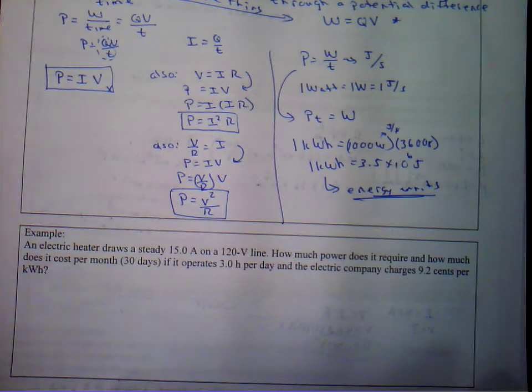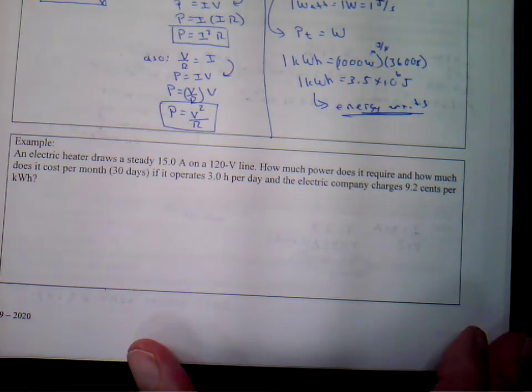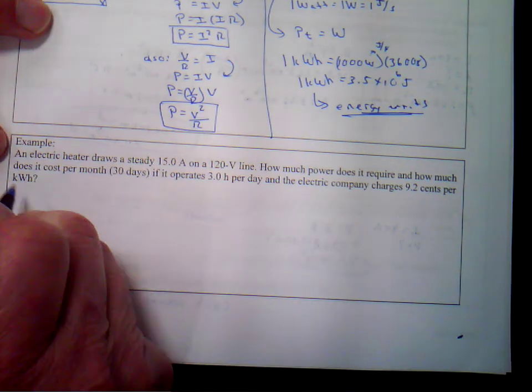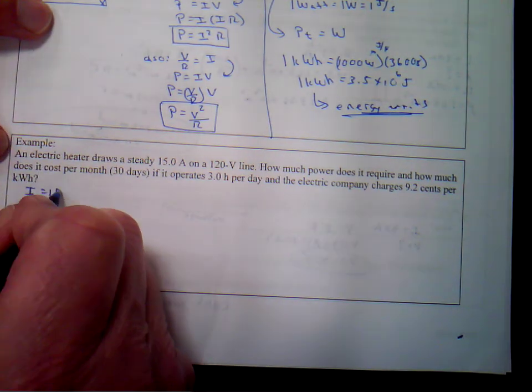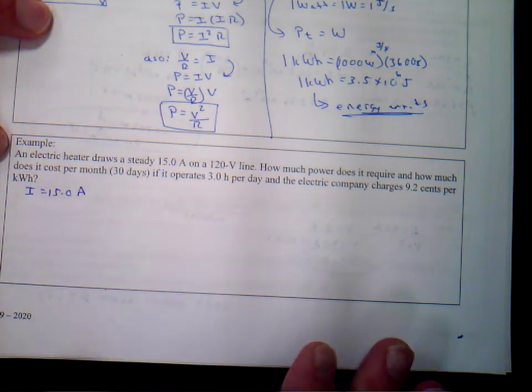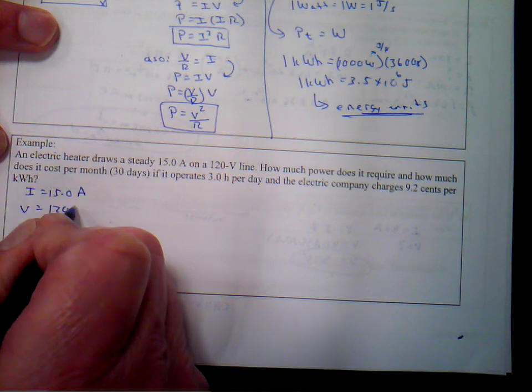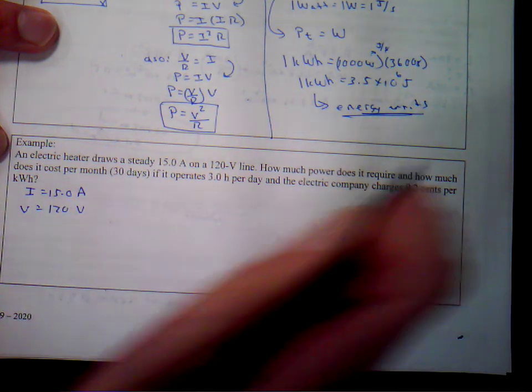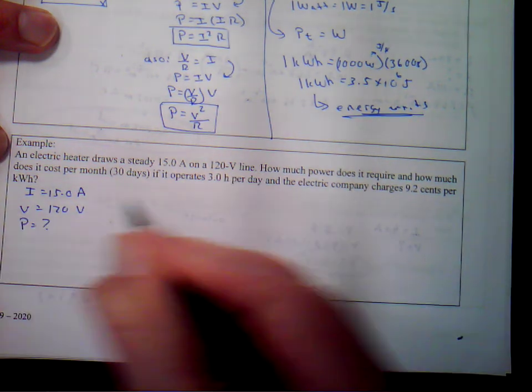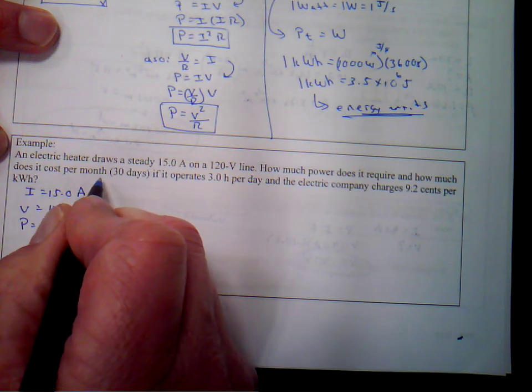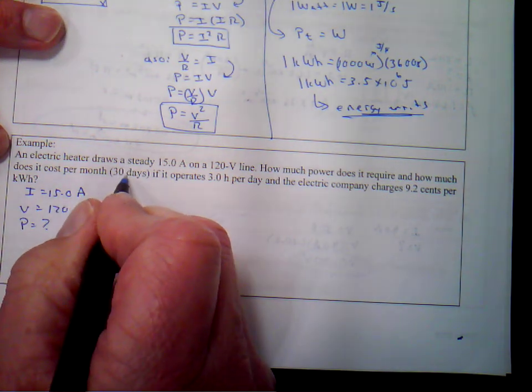Let's see how we can use some of this information to solve a problem. We have an electric heater, draws 15 amps, so the current is 15.0 amps. The voltage is 120 volts. We want to know the power it costs per month, 30 days per month.